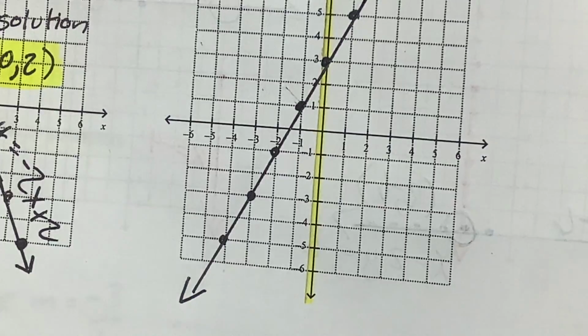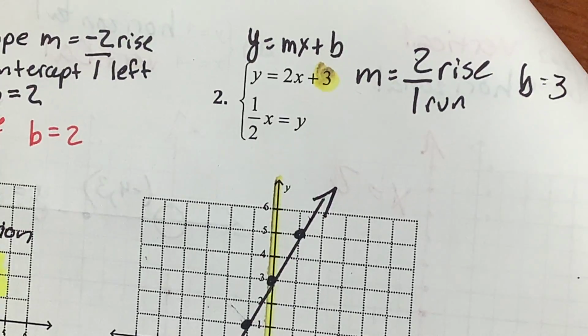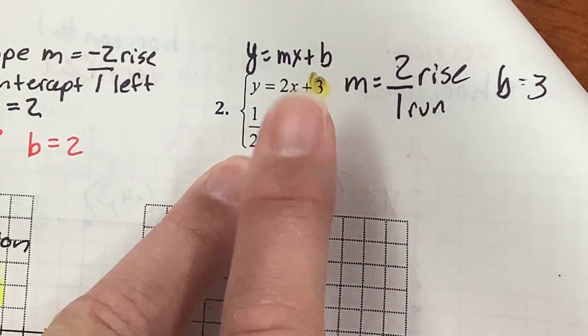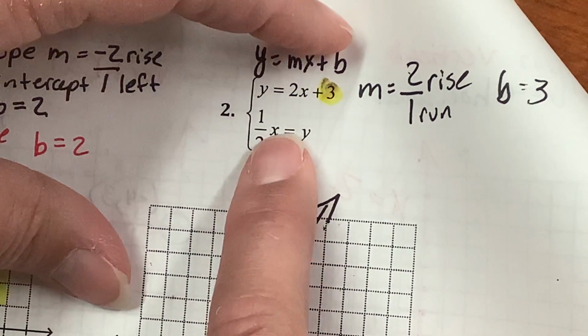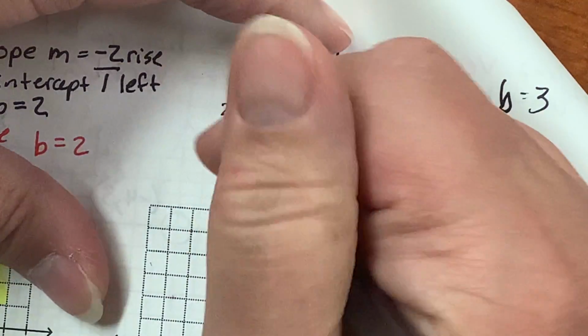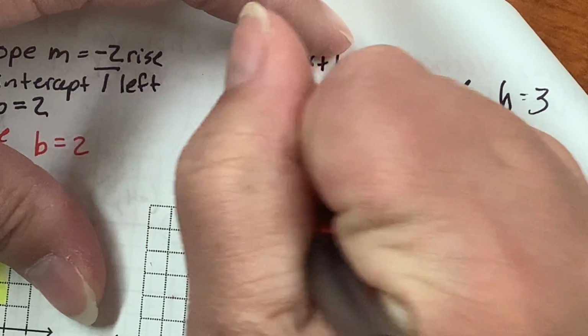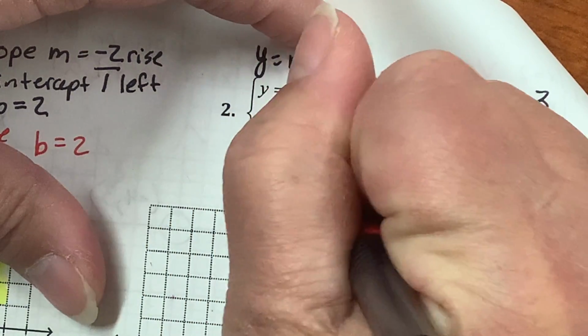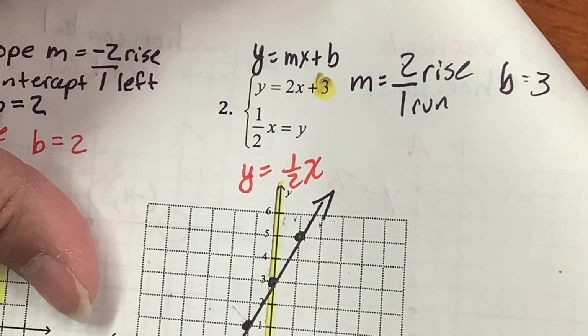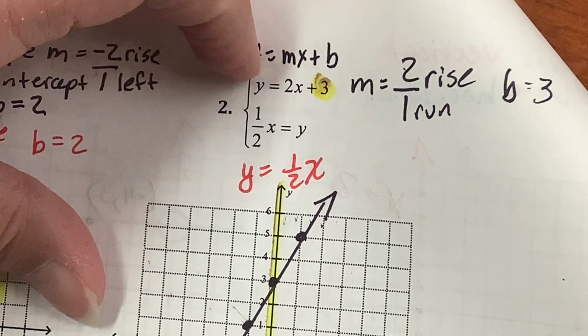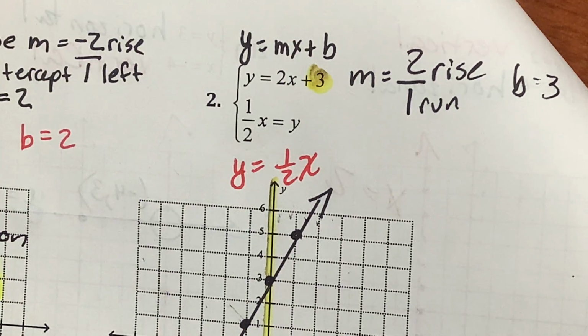And now the hard part. This is in the wrong order, isn't it? I don't like that. So I'm going to switch it and rewrite it as y equals 1/2 x. But I don't have a b. The b is missing, Bono.